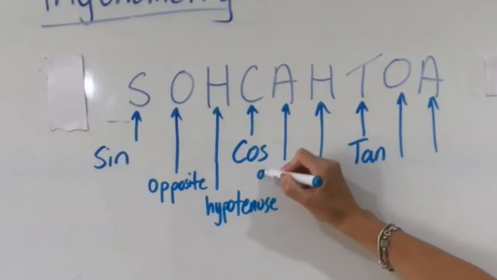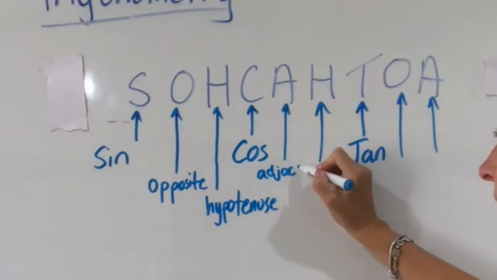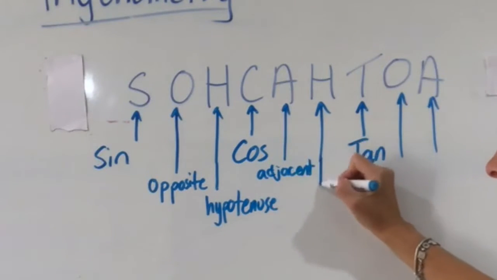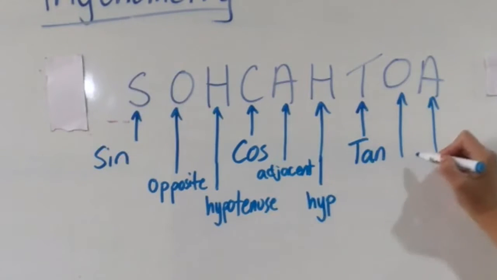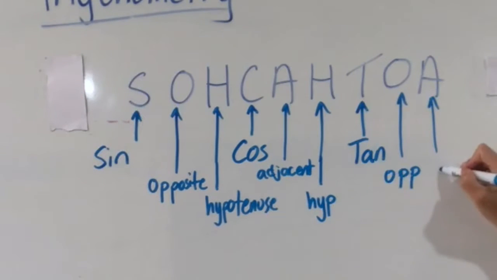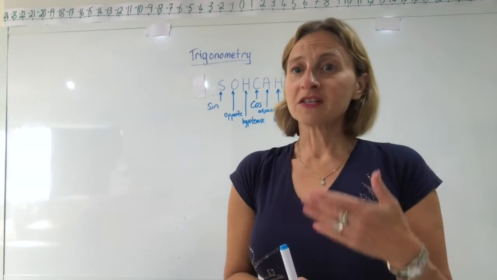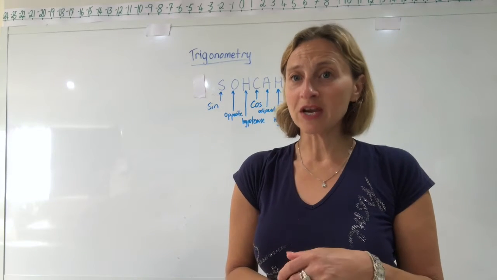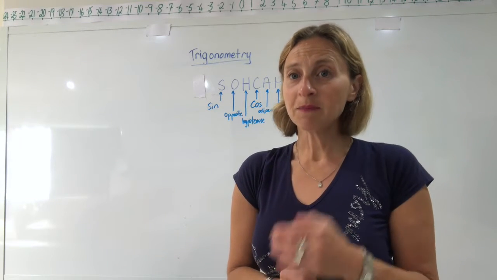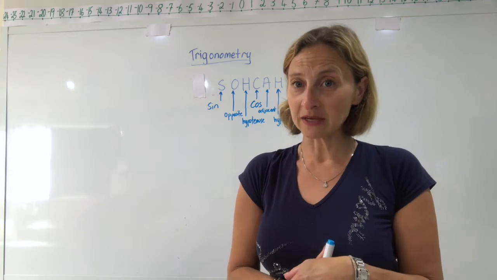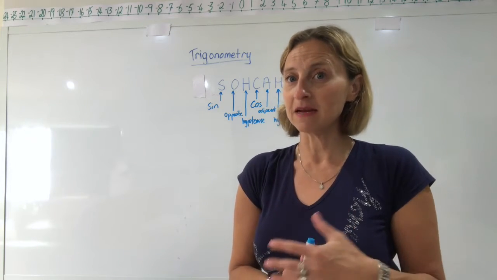Here, this is the adjacent, and this one is the hypotenuse, and the opposite and the adjacent. I'll abbreviate them because I don't have space. Remember that sine, cos and tan are just the ratios of the sides, depending on which angle, of course, you're starting with. And I'll explain that in a minute.